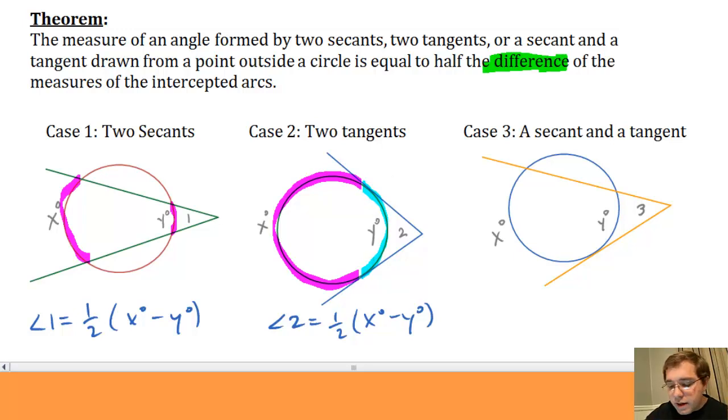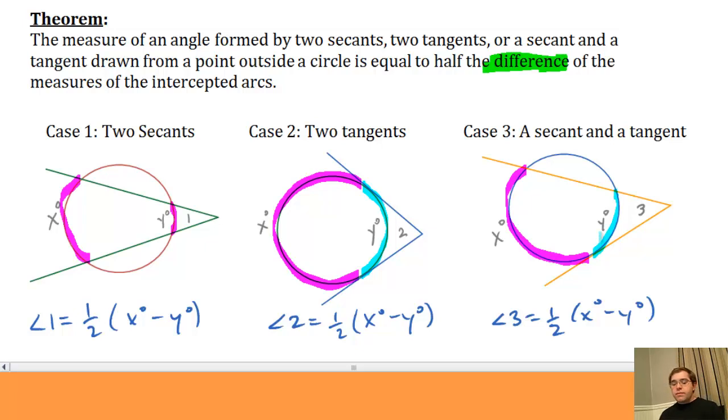In case 3, we've got a secant, a line that cuts through the circle, and a tangent, a line that just touches the circle. They form angle 3, so angle 3 is half of x minus y, because those are the measures of the intercepted arcs, where again, x represents that arc, y represents that arc. So in any one of those three cases, you take the difference of the two arcs and cut it in half. And that's the measure of the angle.